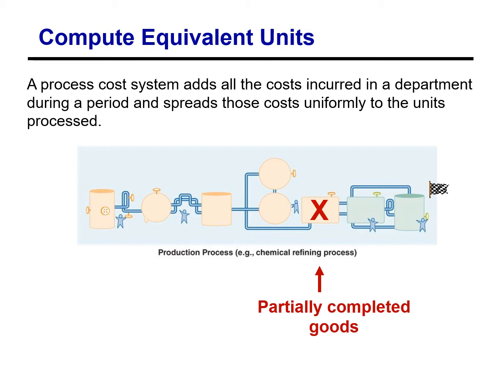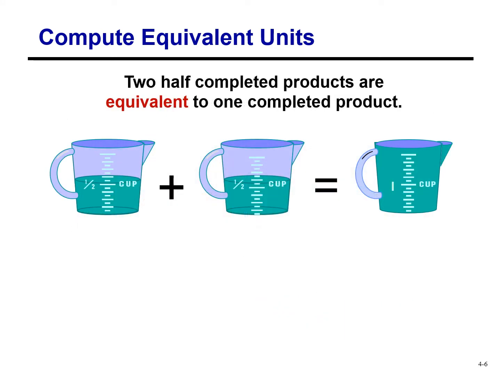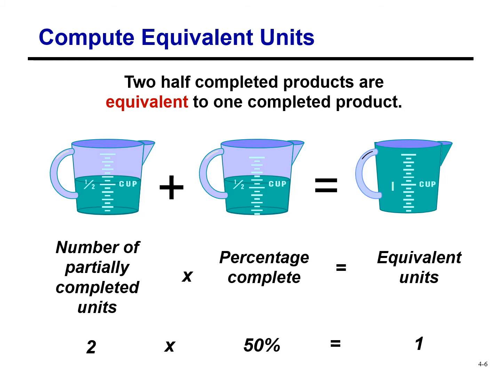The most important feature of process costing is that the manufacturing costs are assigned to equivalent units rather than to physical units. In a process cost system, equivalent units of production measure the work done during the period expressed in fully completed units. So 2 units that are 50% complete are equivalent to 1 completed unit.